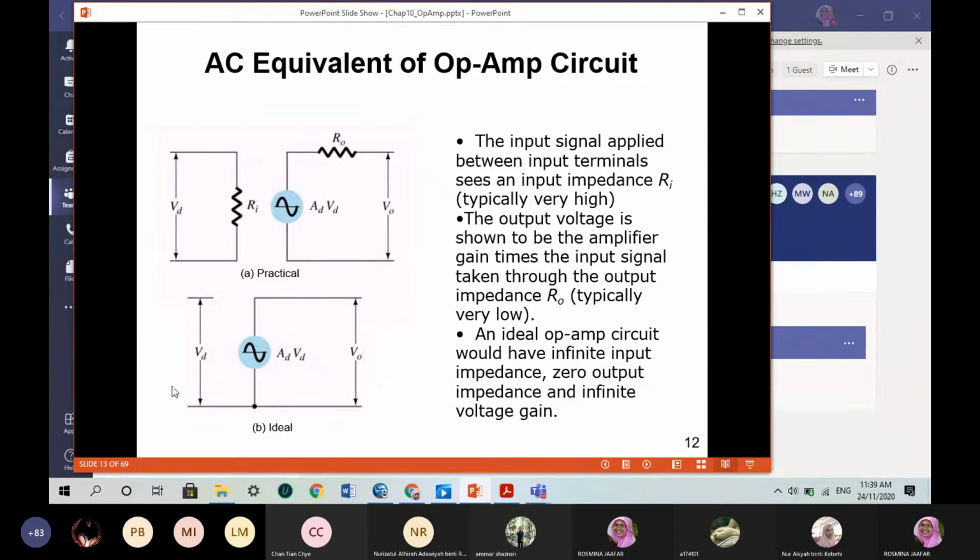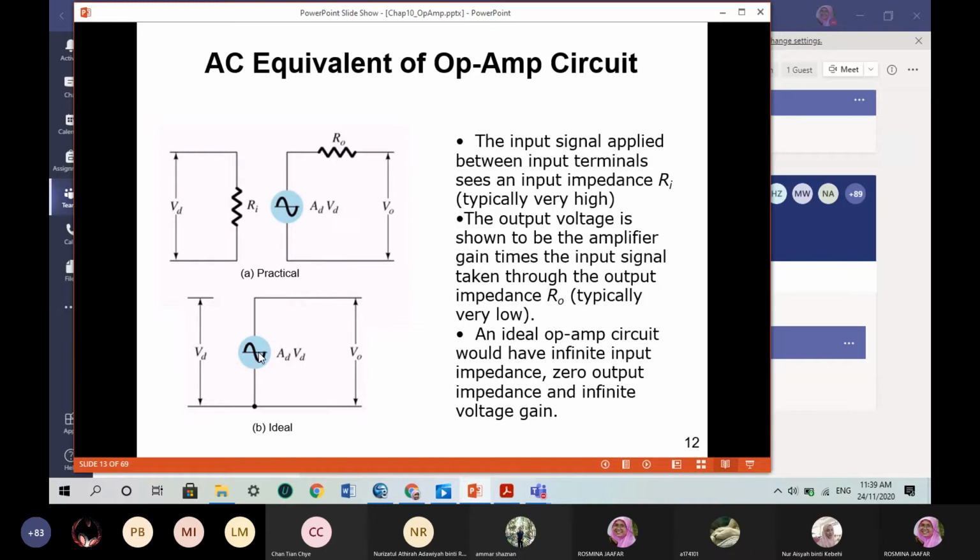So therefore, the op-amp in the ideal situation is only represented as VD at the input and VO measured across this, AD times VD.